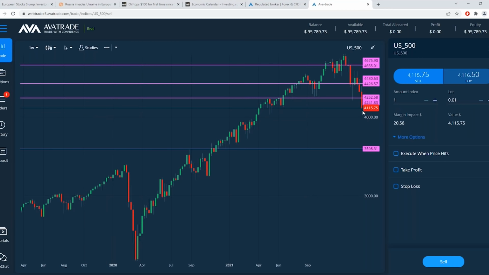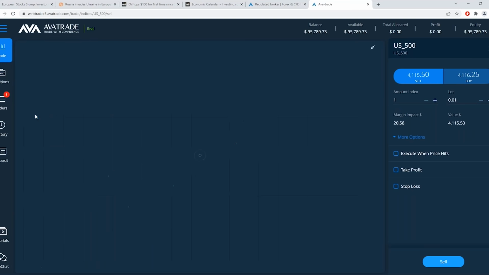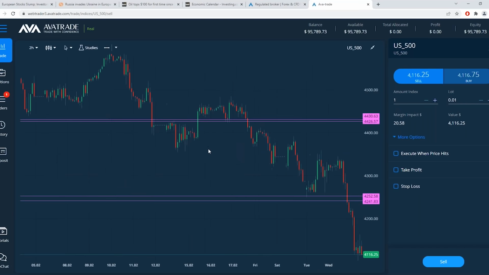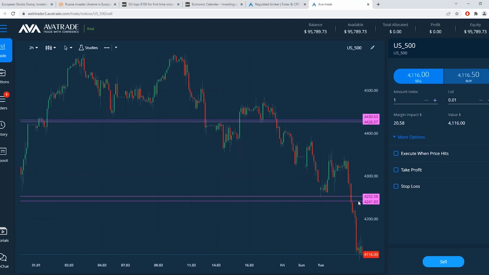Maybe this is going to try and be a major move and push down to a more major support level down here. And if that's the case, when we look at 1 week candles, then you start to come back and say, let me look at those 2-hour candles again.